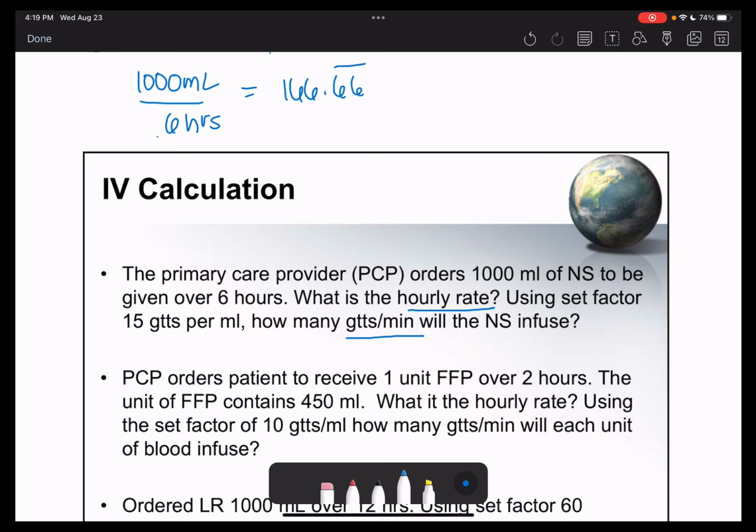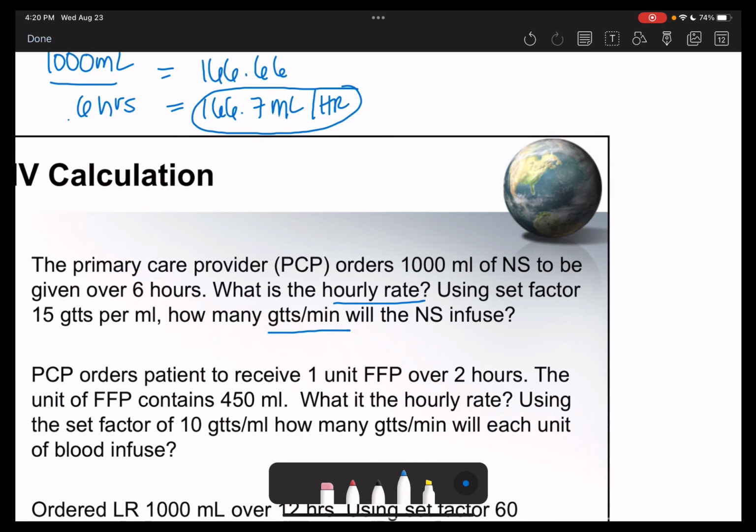But knowing how the pump works, we need to round this to the nearest tenth. So your answer will be 166.7 ml per hour.